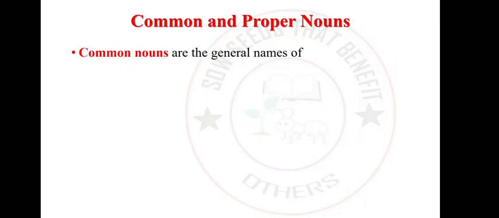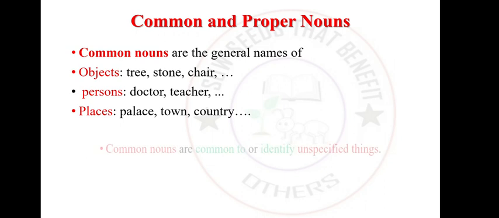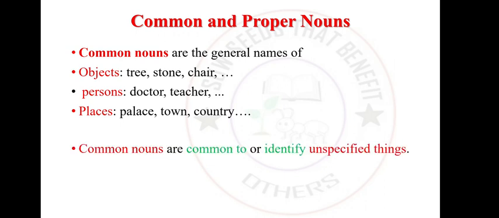So then, what are common nouns? We are saying that common nouns are general names of objects like tree, stone, chairs, doctor, teacher. We've already explained. Teacher refers to whoever teaches.